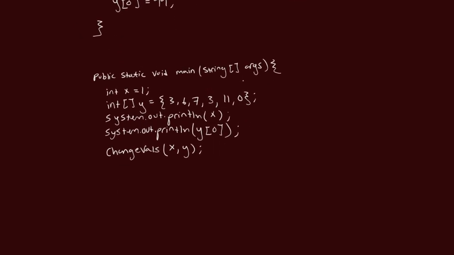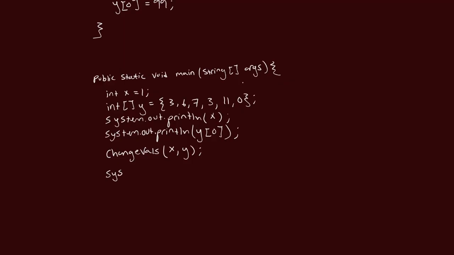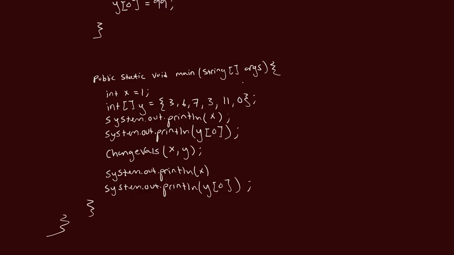Now, the question is, when I print out x again, and when I print out the first index of y, what's it going to show? I know here it's going to show 1, and here it's going to show 3.